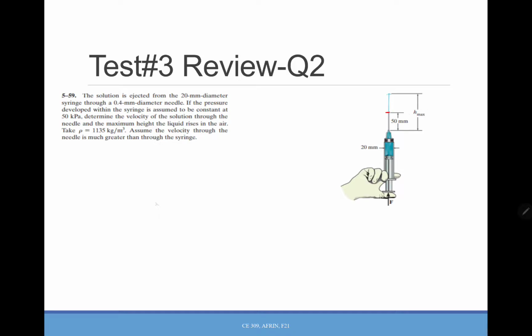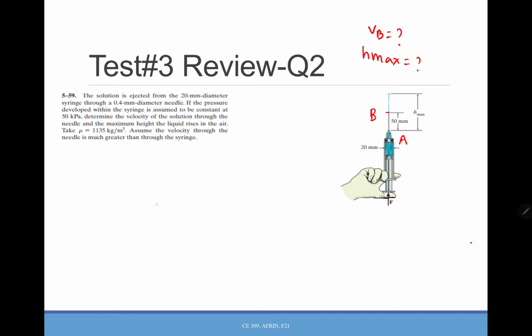So what we can do, let's name this one A and this one B. So basically you need to calculate VB and H max. Okay, so we have 2 points. Again, we can apply Bernoulli's equation because they didn't say anything about the loss.